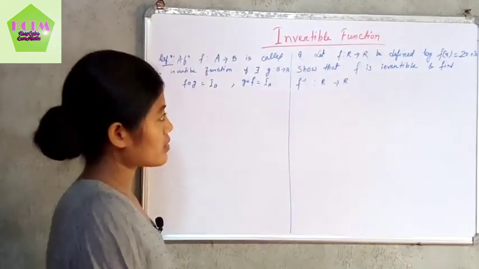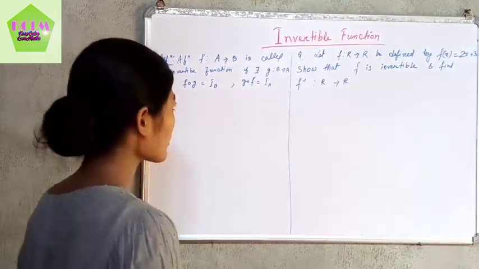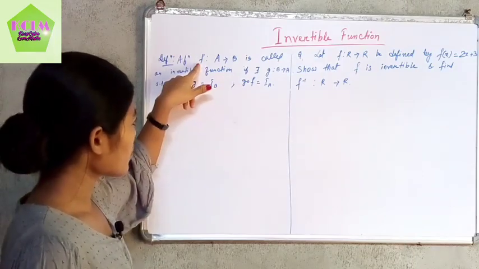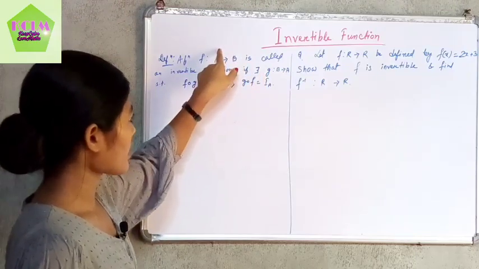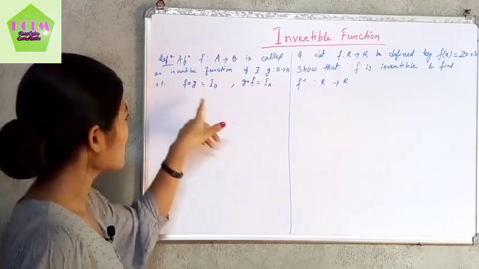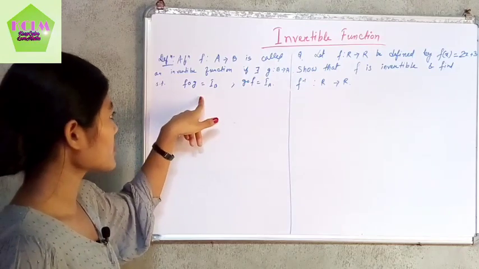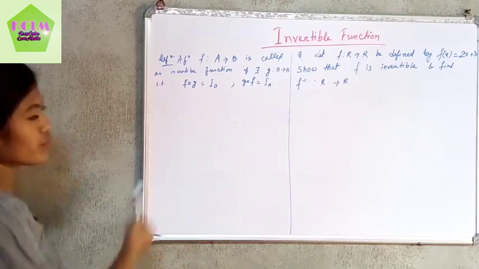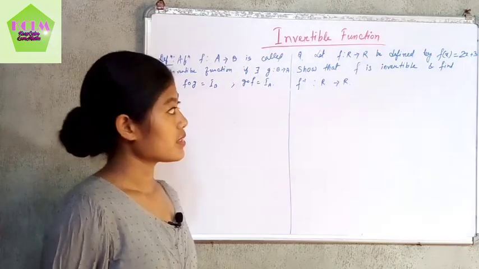We need to show f is invertible and also find f inverse. Now if we see the definition, a function is called invertible if there exists another function that goes from B to A such that f o g equals the identity function and g o f equals the identity function. If we can fulfill these two conditions, then only we can find an inverse function.